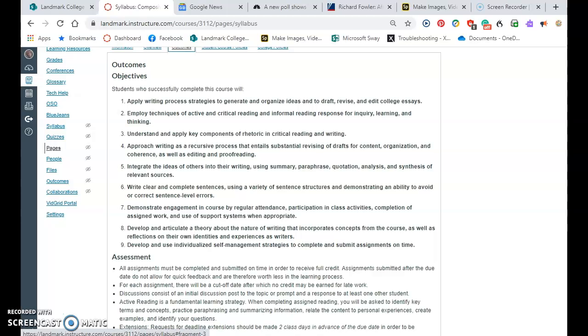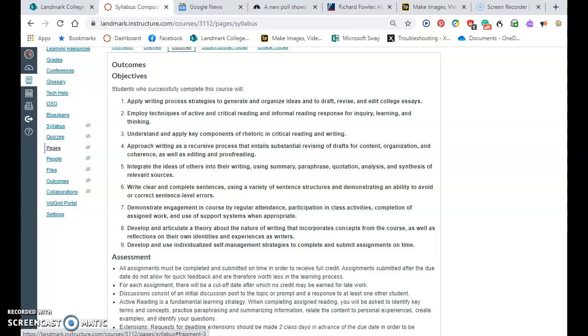Employ techniques of active and critical reading and informal reading response for inquiry, learning, and thinking. Understand and apply key components of rhetoric in critical reading and writing. Approach writing as a recursive process that entails substantial revising of drafts for content, organization, and coherence, as well as editing and proofreading.